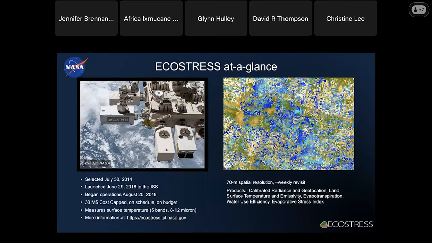And some of the unique aspects of the ECOSTRESS mission is that we provide 70-meter spatial resolution data at about a weekly revisit for our sampling sites, which includes the continental United States and other locations around the world. And our primary standard data products that you can see listed here include the calibrated radiance, geolocation, land surface temperature and emissivity, ET, water use efficiency, and the evaporative stress index.